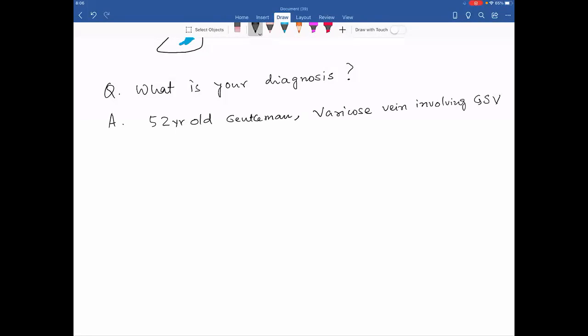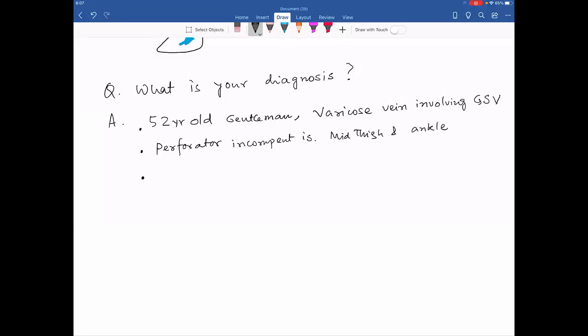I hope all of you understand what is GSV, great saphenous vein. Second thing, then tell that which perforator is incompetent. So tell that perforator incompetent is mid thigh and ankle.